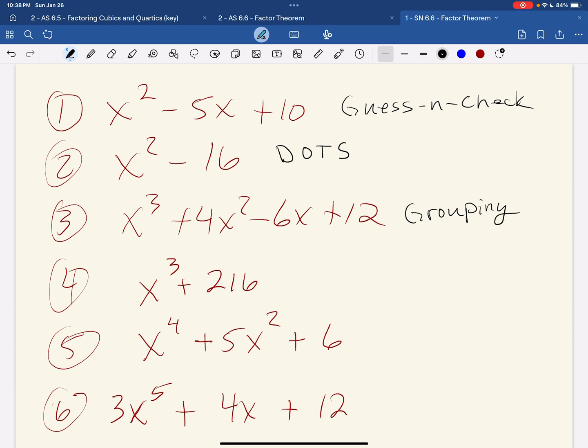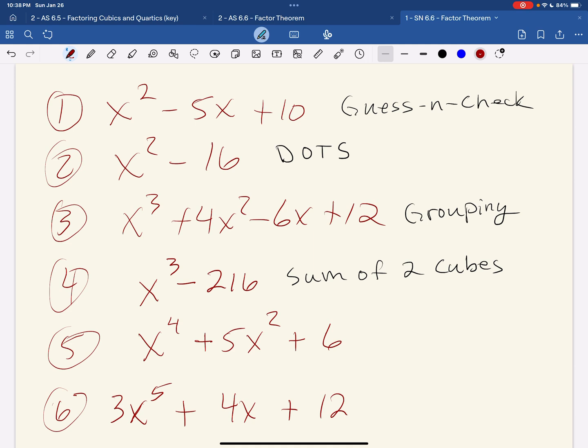Number 4, we know how to factor. We just learned that in lesson 6.5. This will be a sum of 2 cubes. And if I took that plus away and added a minus sign, that'd be a difference of 2 cubes.